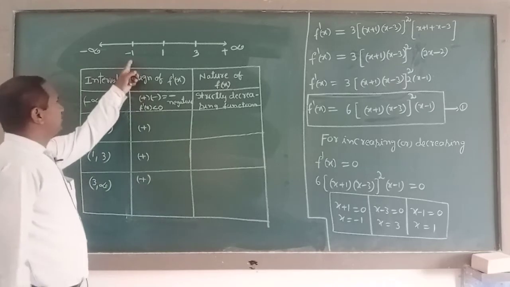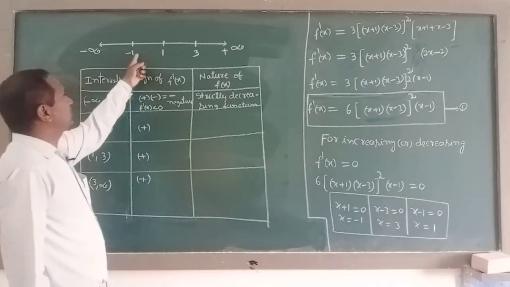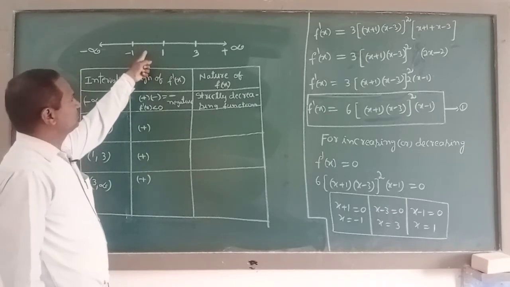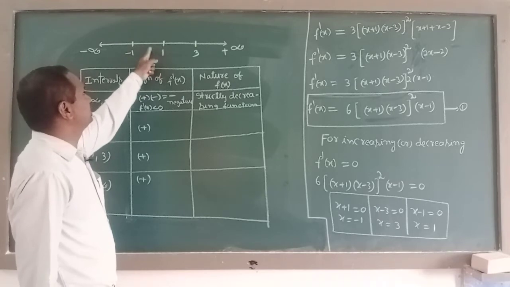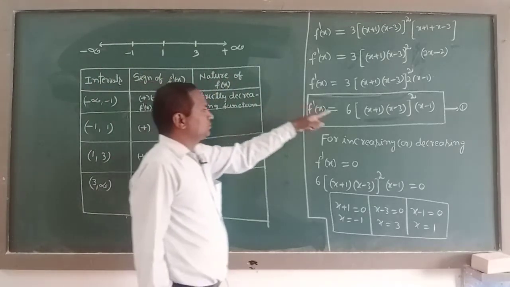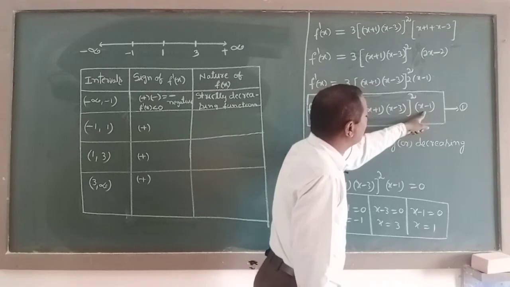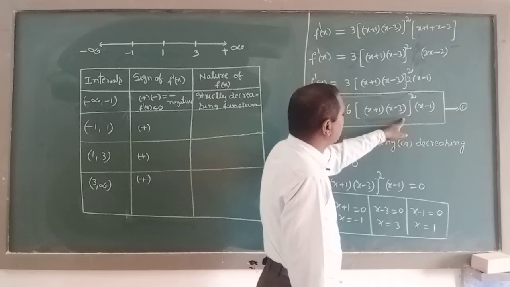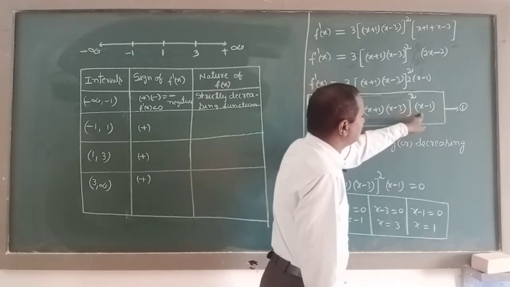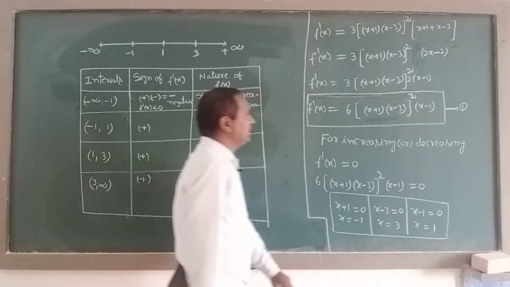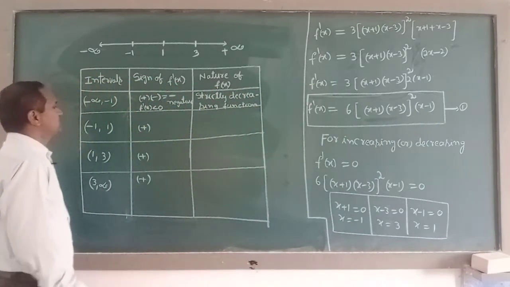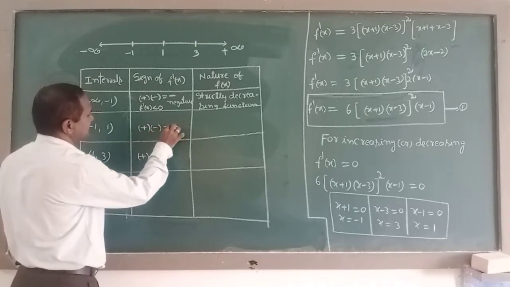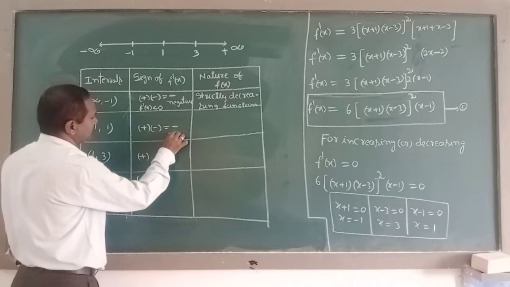Next, minus 1 to 1. Generally before 1, 0 will come here: minus 1, 0, 1 like that. Just substitute 0 here. We have to check only the second bracket, because the bracket with the square is always positive. 0 minus 1 becomes minus 1, and plus into minus is minus, so it is also negative here.